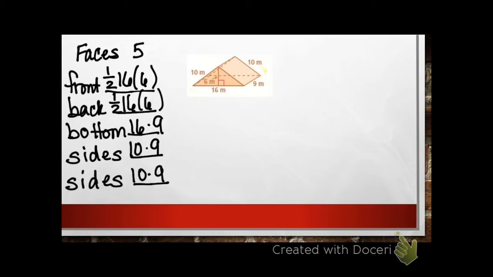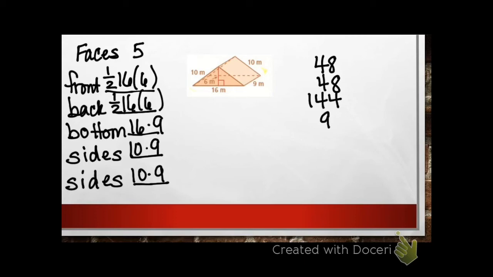So now we're going to do the math, and we're going to start adding our numbers together. What's half of 16? 8 times 6, so I'm going to have 48 2 times. 16 times 9. Take a minute, multiply it out. You should have gotten 144.